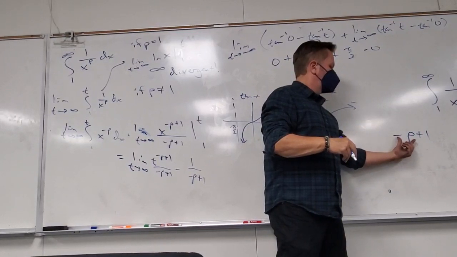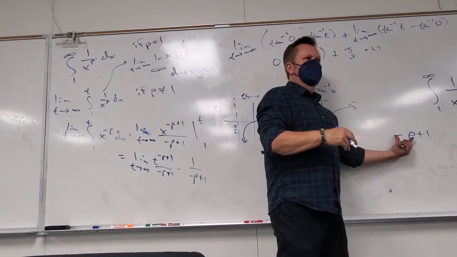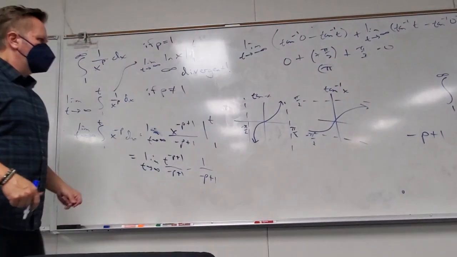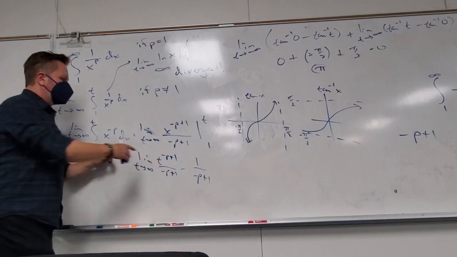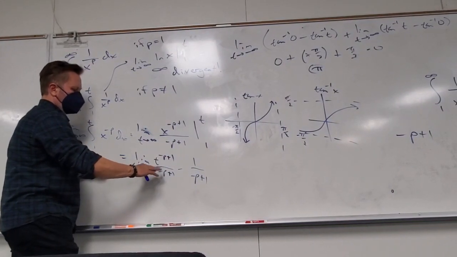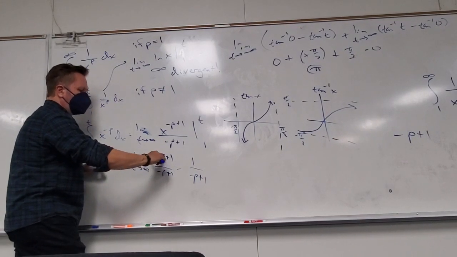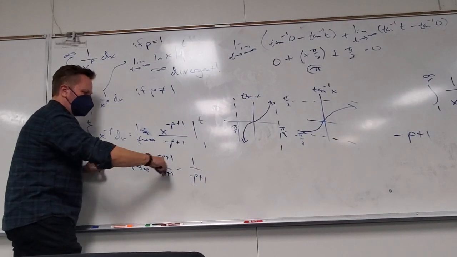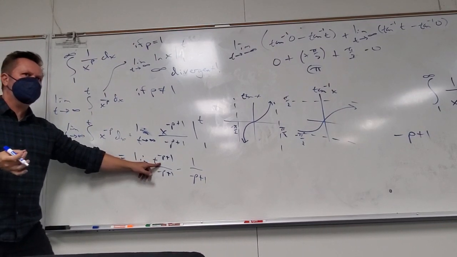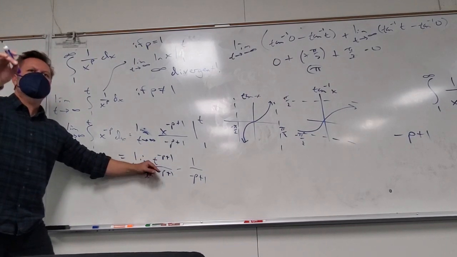Give me another number less than 1. Negative 1. Negative 1 plus 1 is 2. So if p is less than 1, this thing is going to become either a fractional or positive power. Isn't this going to go to infinity then? The only time this is not going to go to infinity is if this power ends up negative.